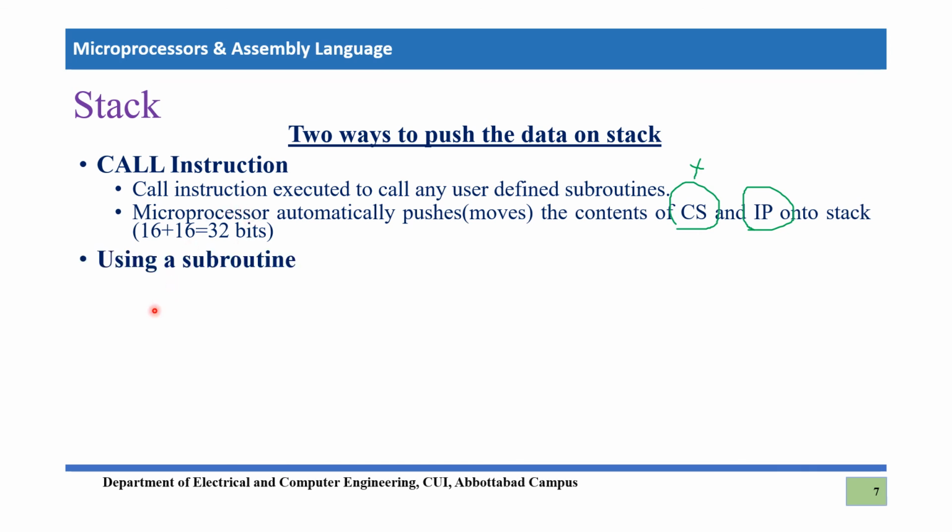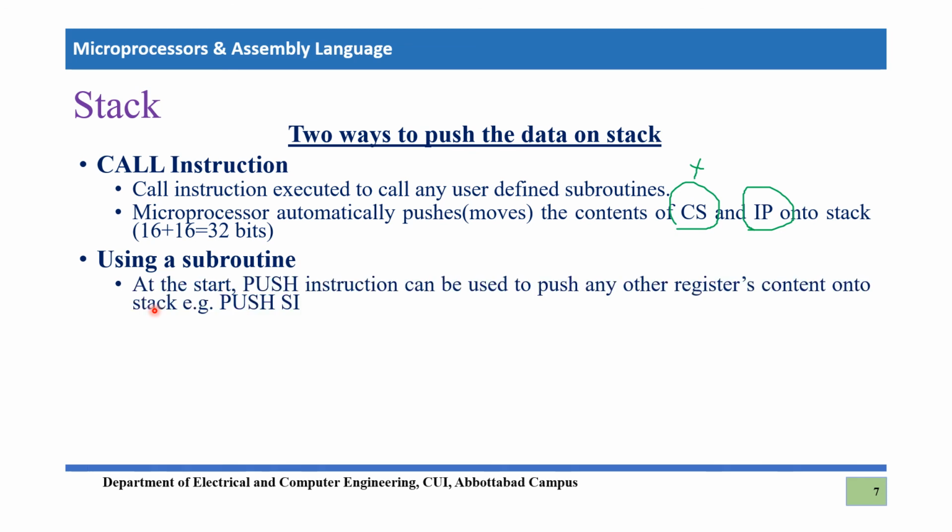The second way which we learned was using, inside a subroutine at the start, the instruction push, which can push any value or any other register's content onto the stack. Remember, in the last example we used push AX and push BX. Here we have shown push SI.